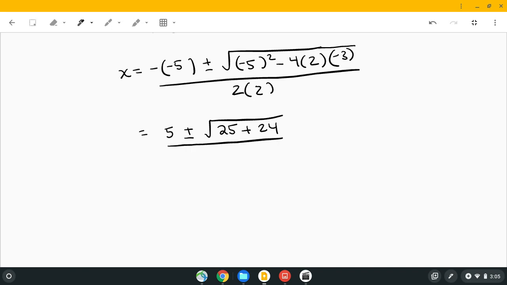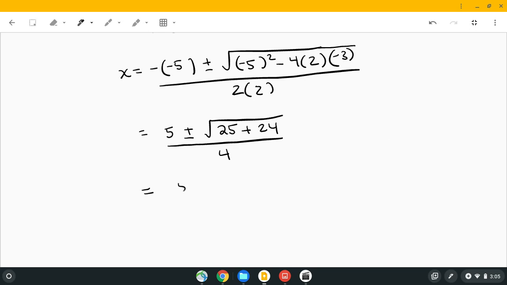All over 4. So right away, as soon as you plug it in and you work out each piece, and there's really four things. You work out this part, you work out this piece here, and this bottom part. So there's really only the four parts. 1, 2, 3, and 4. And once you work out each of those pieces, you have a much more simple problem to look at.